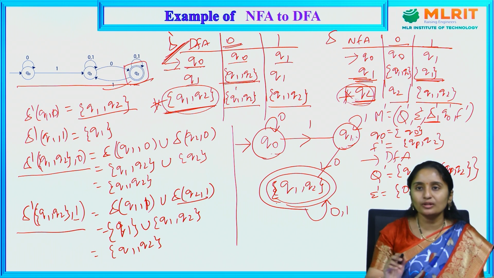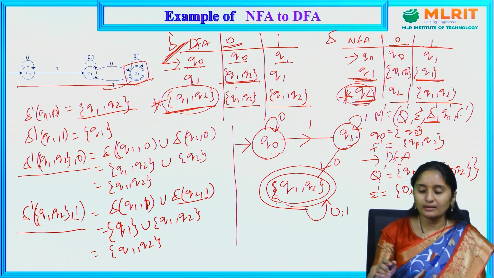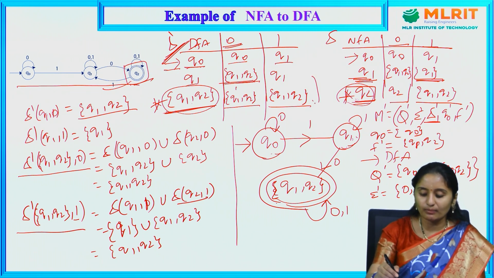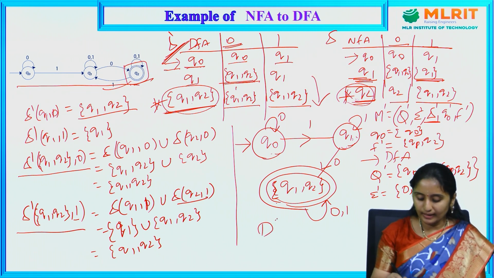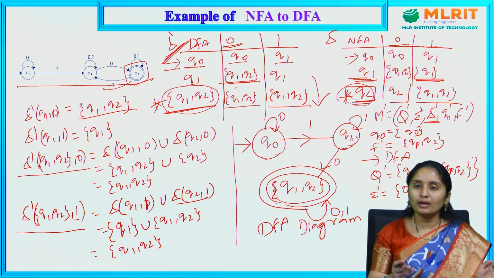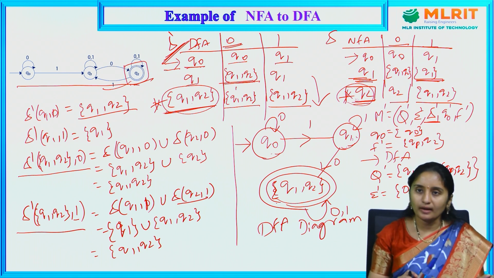Then, using the DFA transition table, we construct the DFA diagram. One thing I want to tell: NFA can be converted to DFA, but DFA cannot be converted to NFA. Thank you.